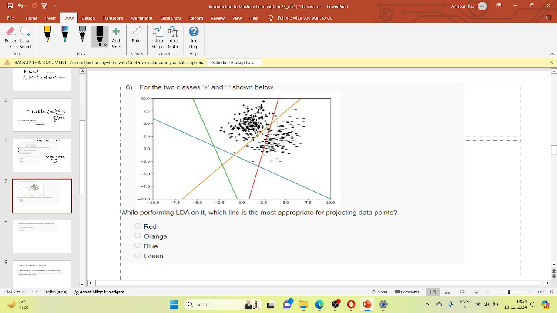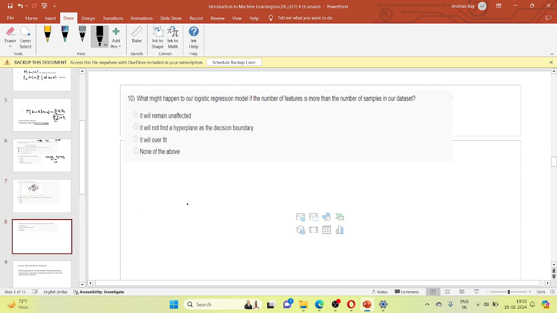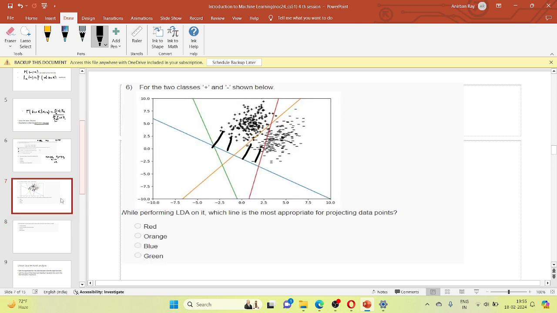From this projection into this plane, you can see that they are clearly separable. So very simple question. Even the green line is quite good for separation. If you project on the green line, it does well, right? So both are good.